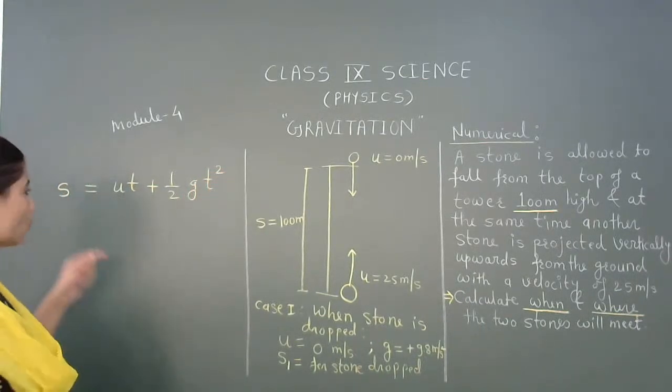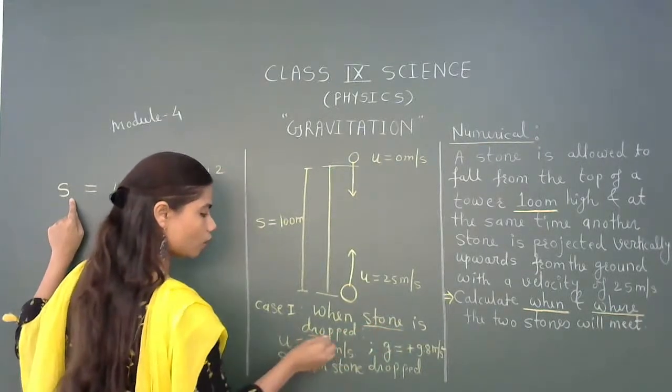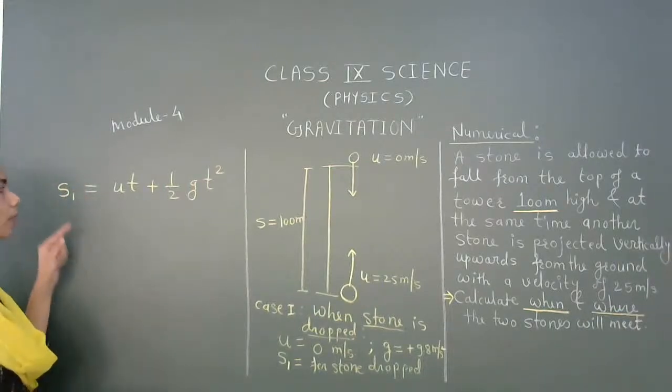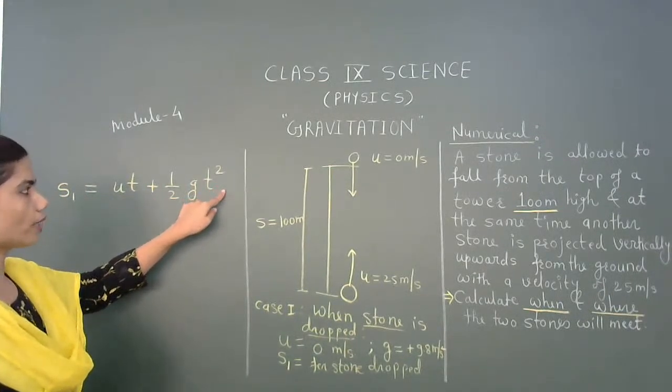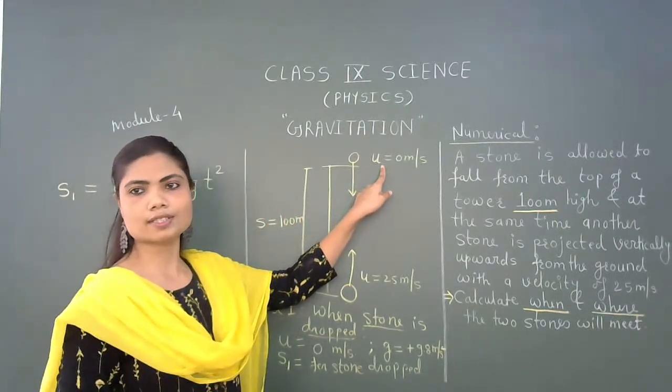So what will be the displacement covered by the stone which is dropping, which is falling down? It is S1. So our equation becomes S1 equivalent to 0 plus half gt square. Why 0? Because for the dropping stone, initial velocity is 0.